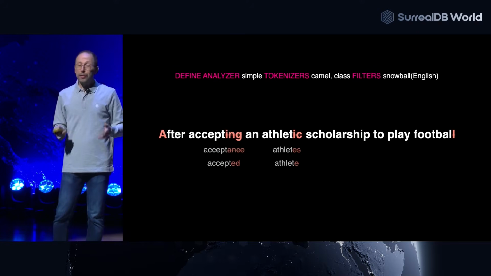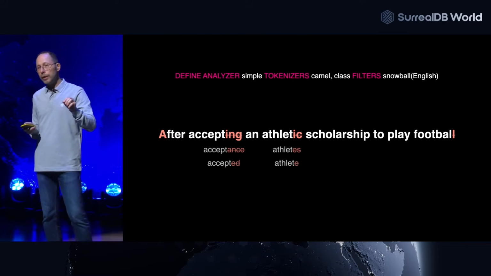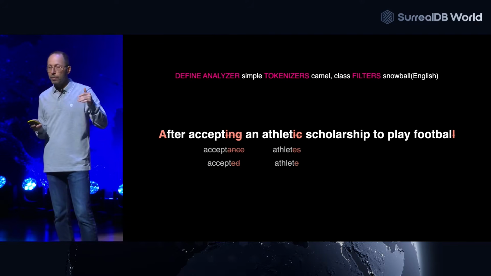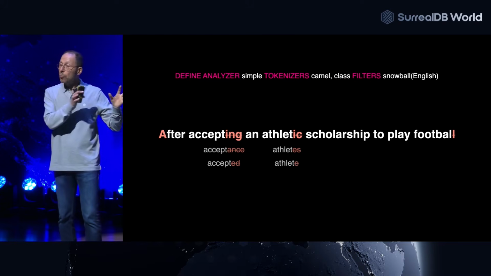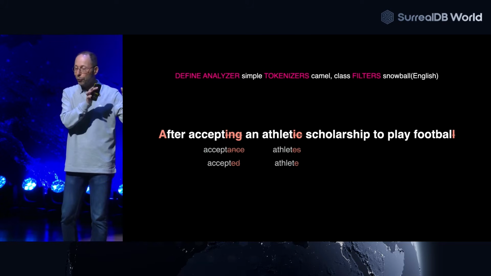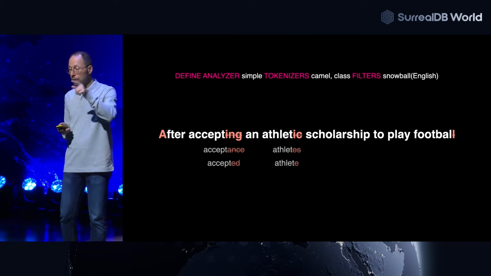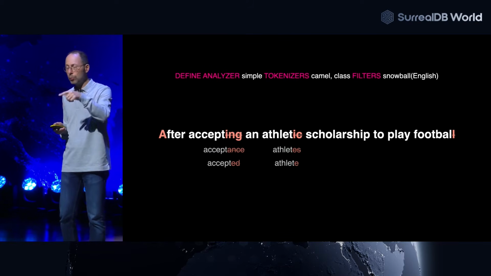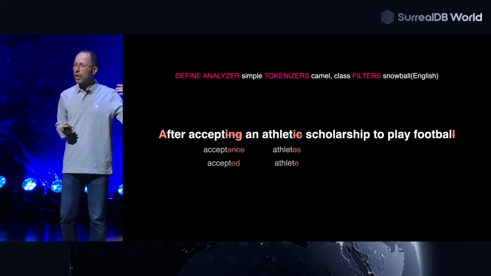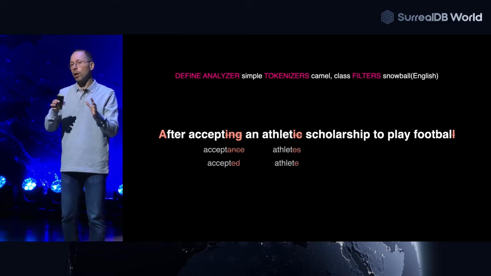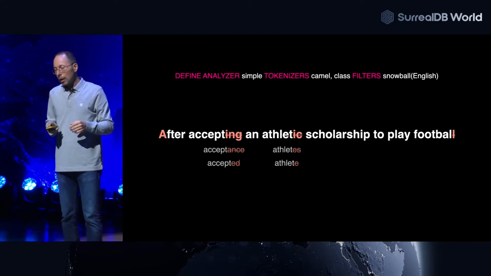Then we have filters. Once we have the tokens, those terms, we sometimes need to do some filtering. We may want to keep just the radicals, the root, of the terms. For accepting, as an example, we are going to use snowball. It's one of the filters. Snowball is a filter that understands languages by knowing how terms are usually terminated in a language.